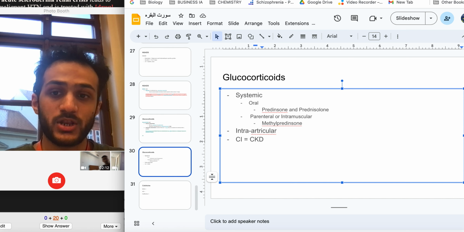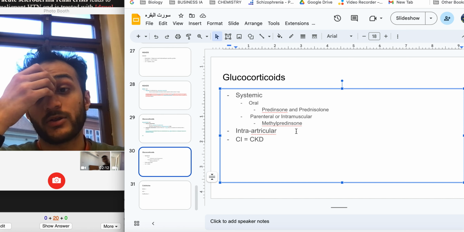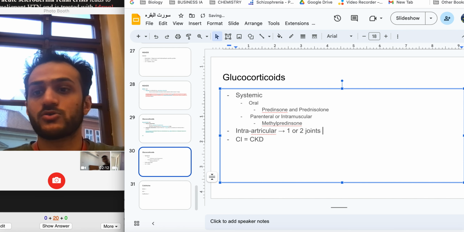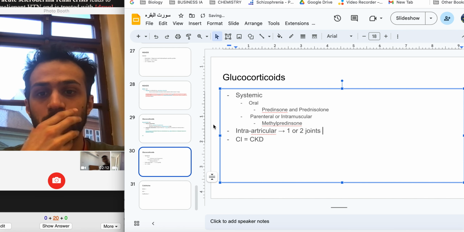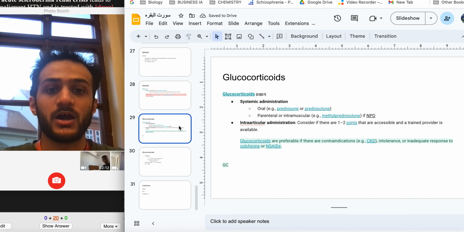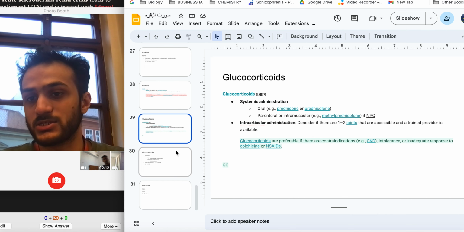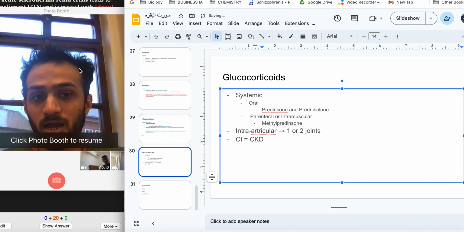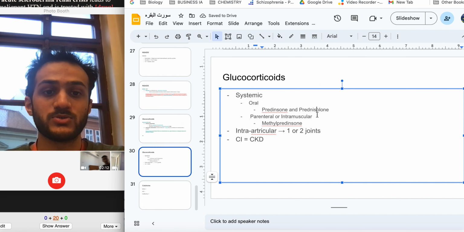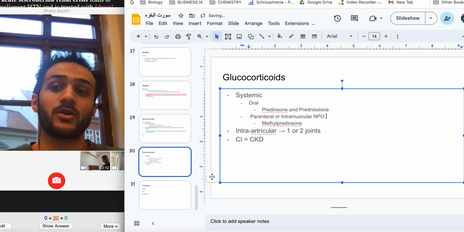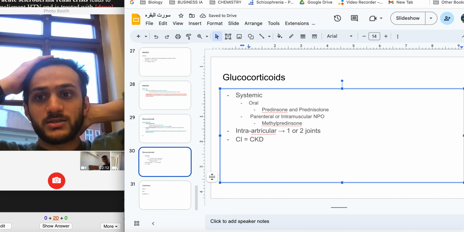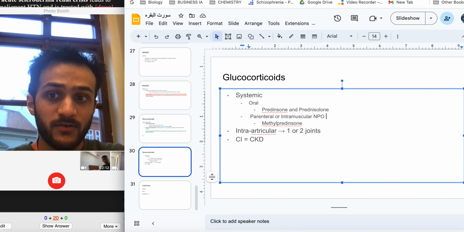In addition to that, we also have the intra-articular type, which is used if it involves maybe one or two joints, and for refractory cases. We give the parenteral or intramuscular form when the patient is NPO, when we cannot give anything per oral, maybe because of dysphagia, so we give methylprednisolone.